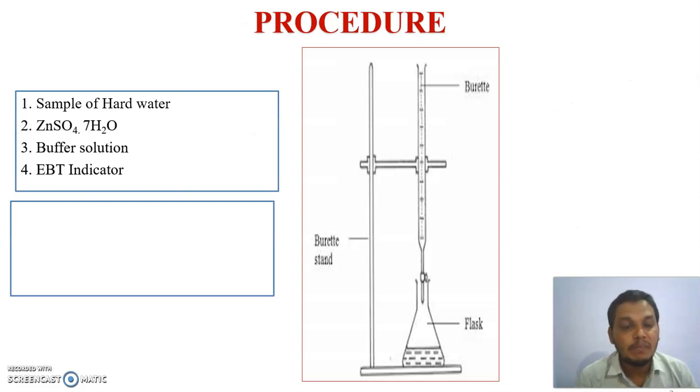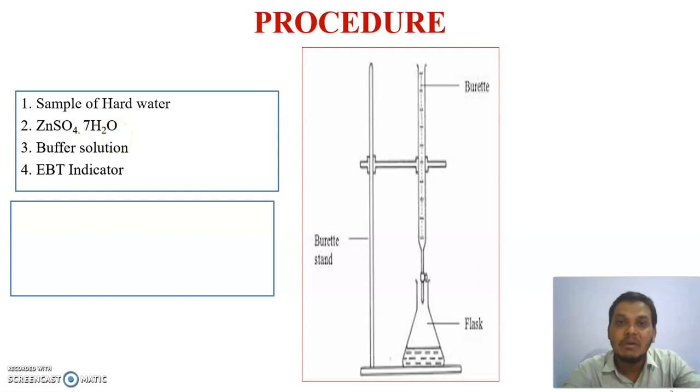The procedure is very simple. For determination of total hardness of a water sample, we need the following chemicals. Which ones? A hard water sample is required. Then zinc sulfate heptahydrate is required. The role of zinc sulfate heptahydrate is to standardize the EDTA solution. Then buffer solution; the role of the buffer is to resist the change in pH.